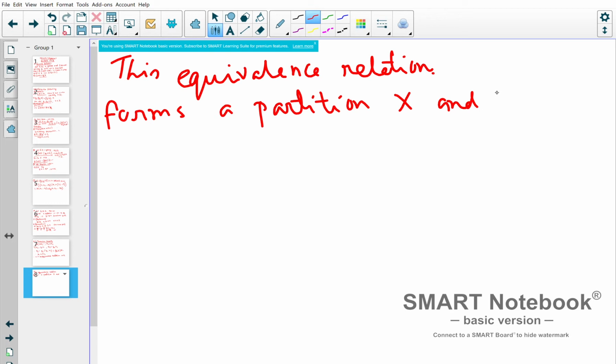And so on the partition on X, we had equivalence classes.